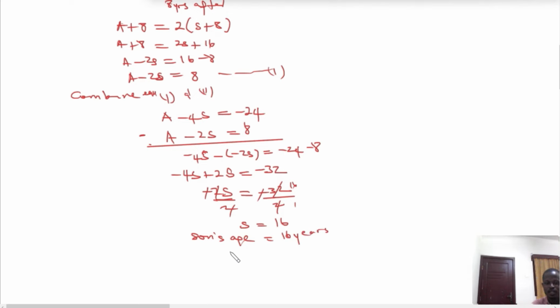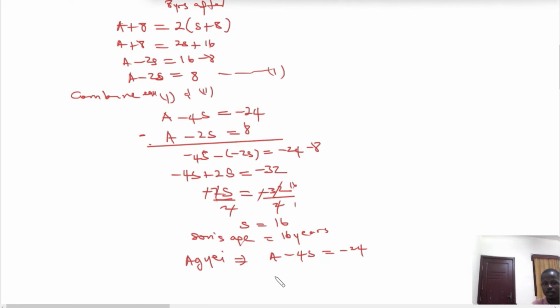Now the father's age, Agye's age. We're going to substitute this value of S into any of these equations. So let's take the first equation, A minus 4S is equal to minus 24.